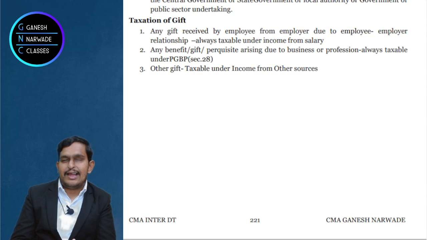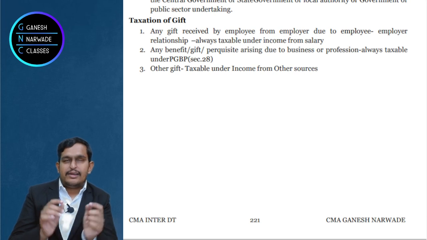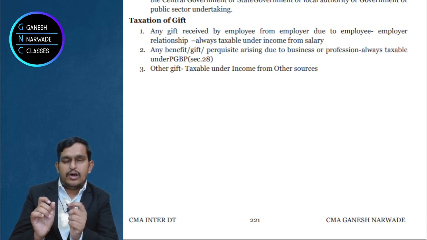We discussed in the salary chapter, yes or no? Very good. So suppose you get a 20,000 worth washing machine as a gift from the employer, then 5,000 is exempt, but the balance 15,000 will be taxable. That means 20 minus 5, 15 will be taxable. Okay, this is all about the employer giving a gift to the employee.